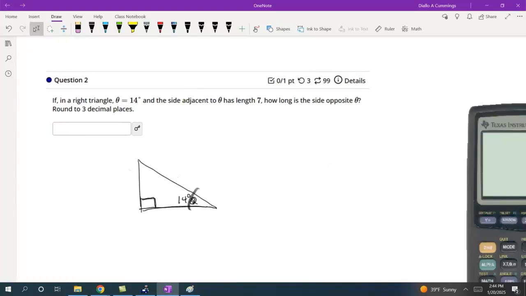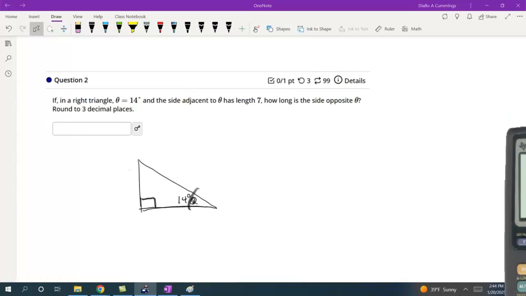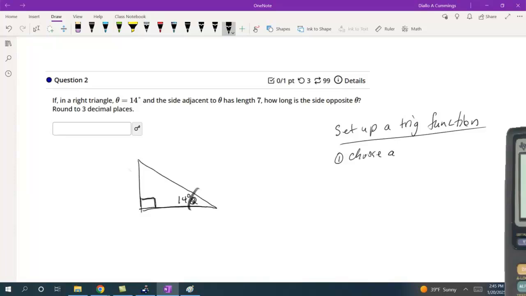So here are some of the steps for setting up a trig function. To set up a trig function, the first thing you must do is choose a reference angle. And remember, a reference angle is any acute angle. So I'm choosing this as my reference angle, theta.